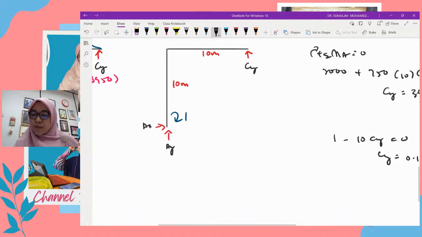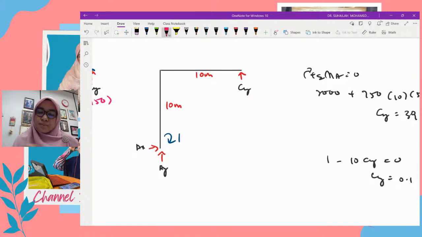So we put CY as 0.1 and AY should be negative 0.1. AX is equal to 0.